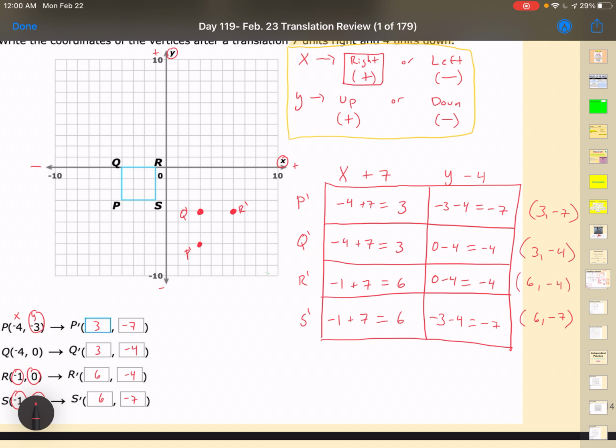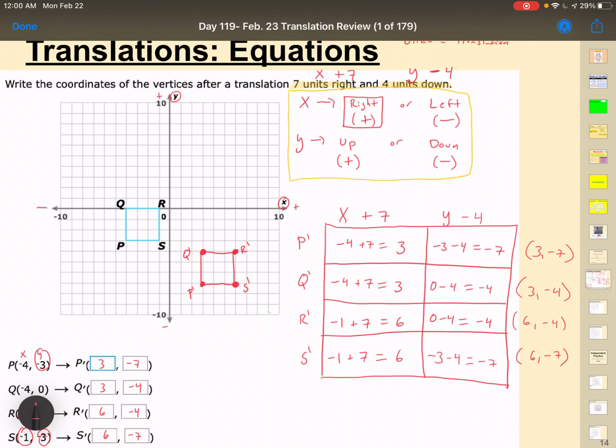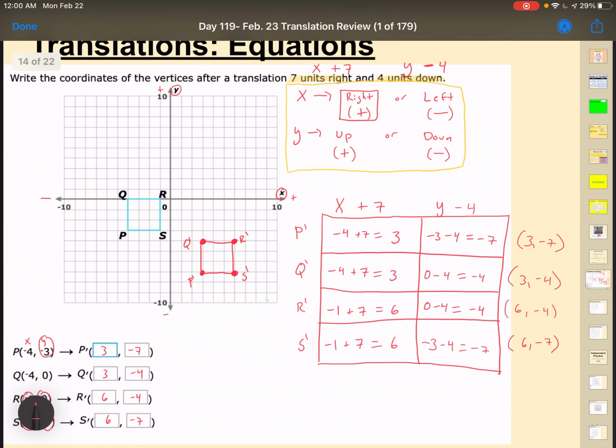And S prime is going to be 6, so I go to the 6 on the x, down to negative 7 on the y. And here is our new shape after a translation. So after the slide, that is a new translation. And that's how you do a translation with an equation or a function.